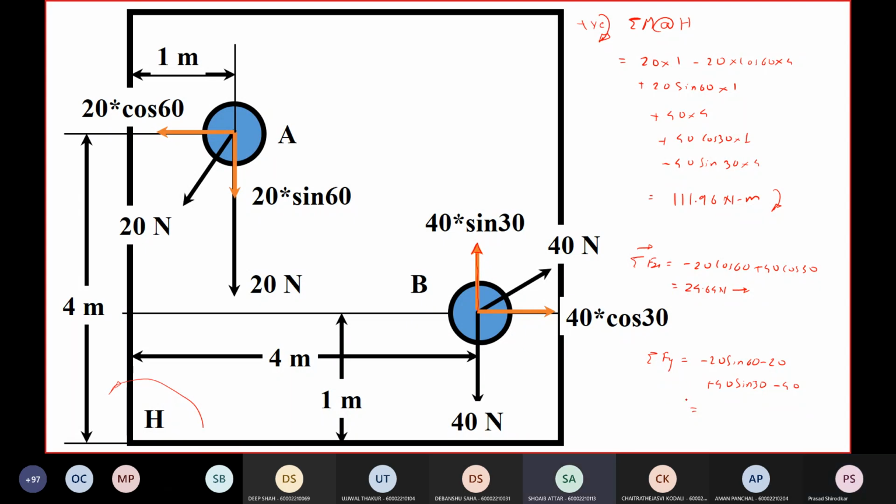Sir, minus 57.32. Minus 57.32 newtons. So that is equal to 57.32 in downward direction.